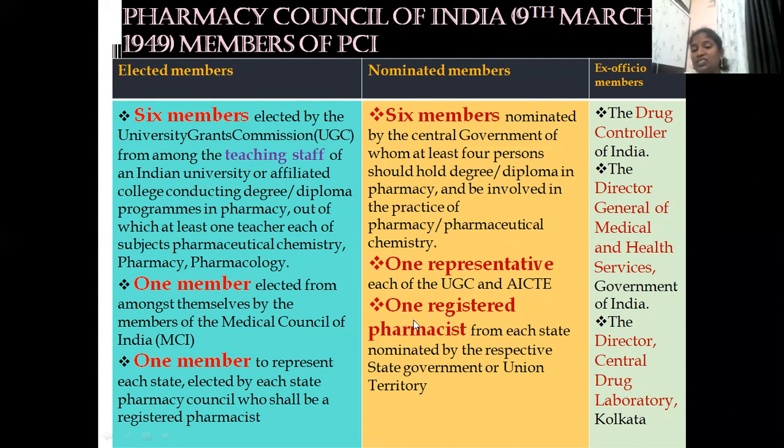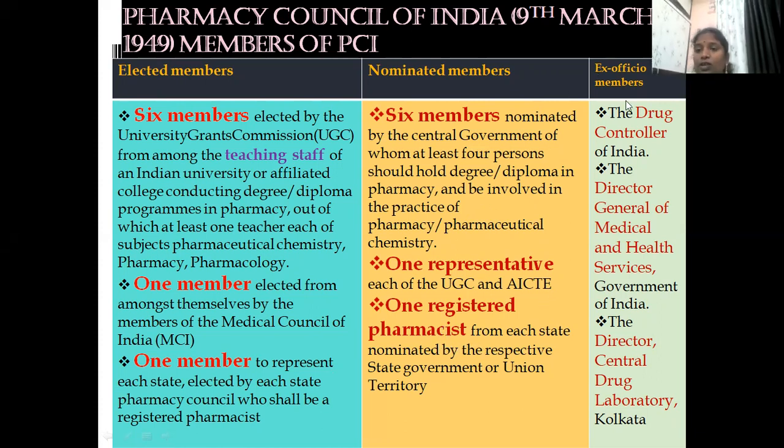Next, same as the elected members, 1 registered pharmacist we are taking, and for each state, nominated by the state government or the union territories, a registered pharmacist. So here 6 members from the central government, of whom at least 4 should have the degree qualification; there is no need for them to be teachers. And 1 person from the UGC or AICTE and 1 person from the registered pharmacists.